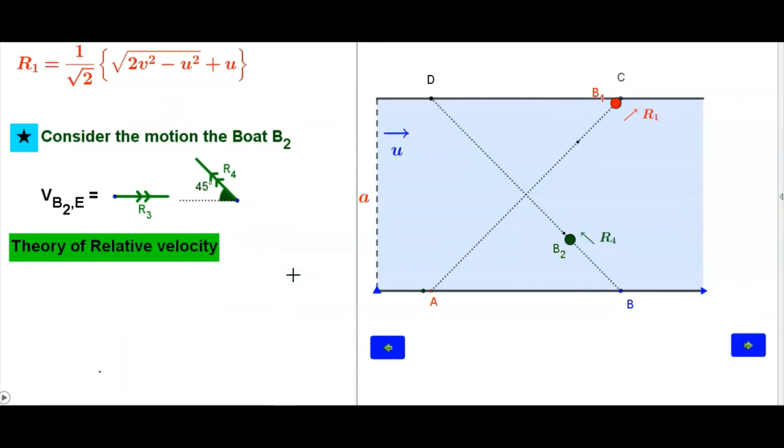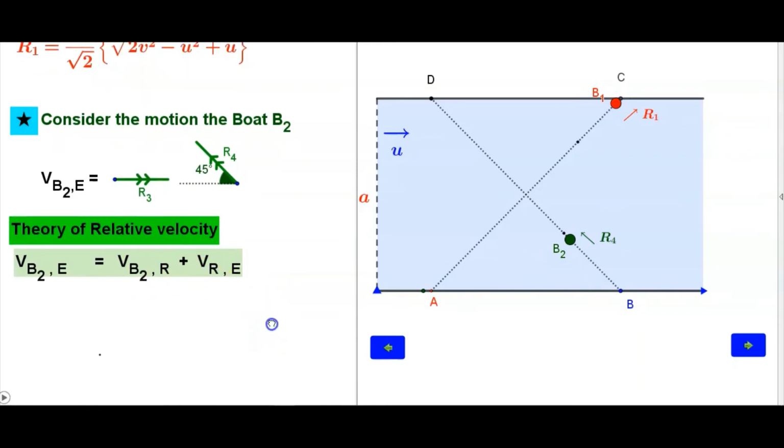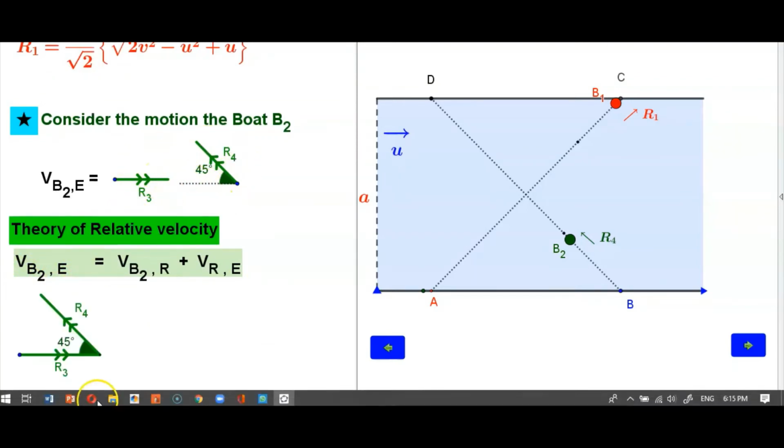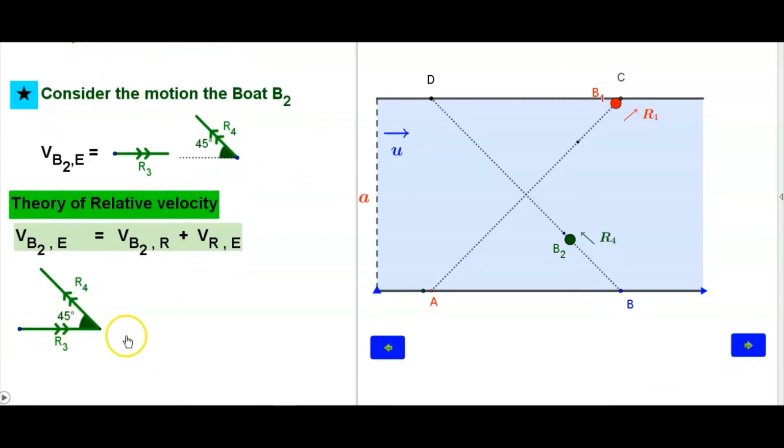According to the theory of relative velocity, velocity of B2E is equal to velocity of B2R plus velocity of R, E. As this B2E is in two directions, the resultant velocity of B2 is R3 in this direction and R4 in the BD direction.